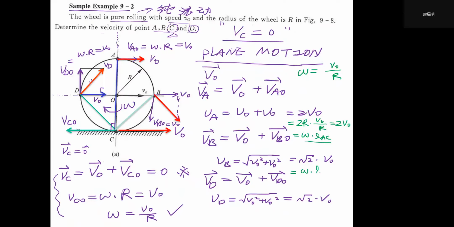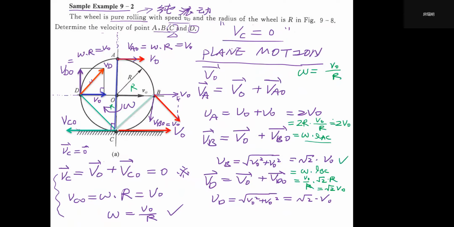We can find here is R, here is R, so LBC will be square root 2 R. So we have omega equal V0 over R, times square root 2 R. You can find this R and this R are eliminated, and we have the same result, square root 2 V0.